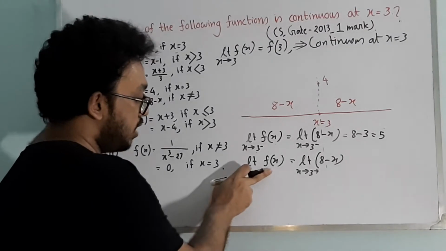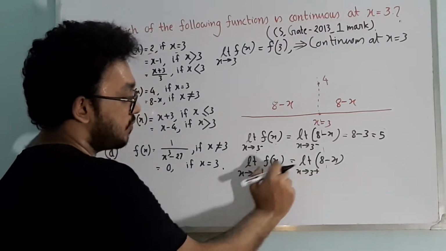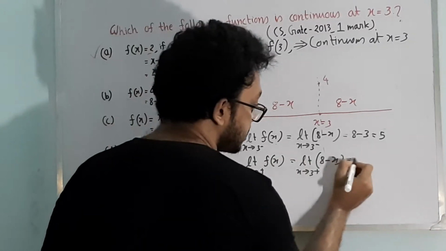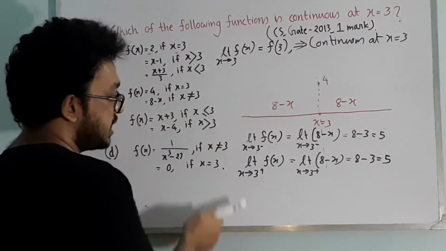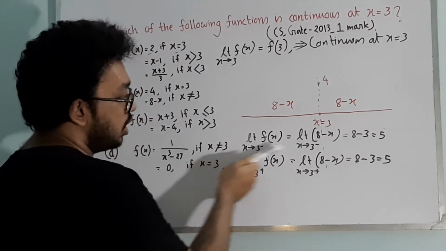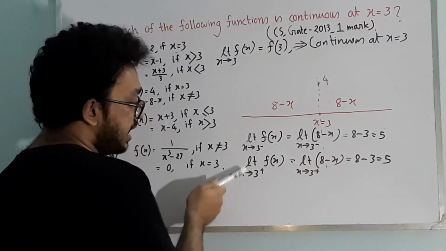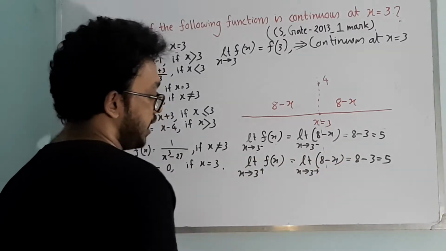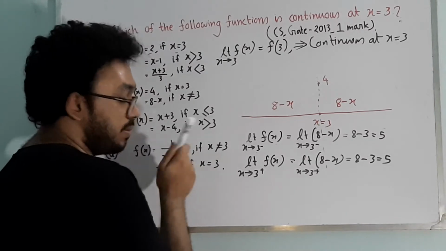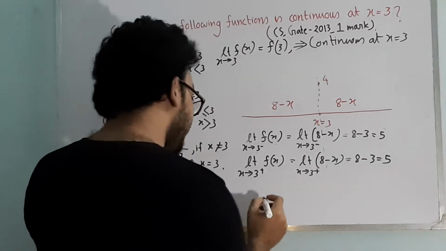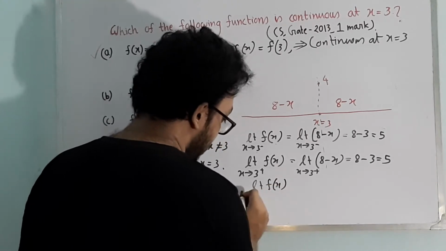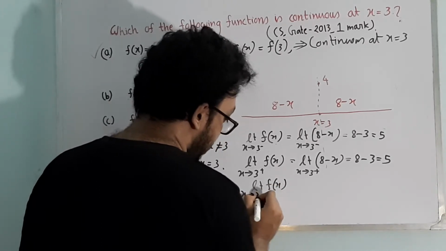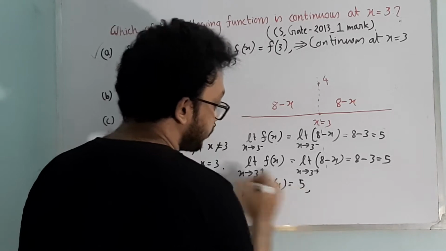That's why while evaluating the right hand limit, we have replaced f(x) by 8 minus x, and this is equal to 8 minus 3 equals 5. So you observe that the left hand limit at x equal to 3 is 5, the right hand limit at x equal to 3 is also 5. So the left hand limit is same as the right hand limit, so the limit exists, and the limiting value of the function f(x) at x equal to 3 is nothing but 5.